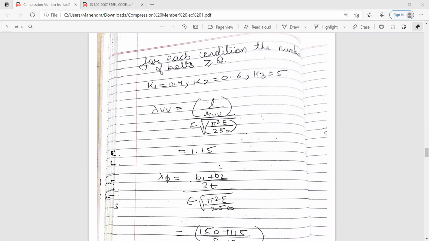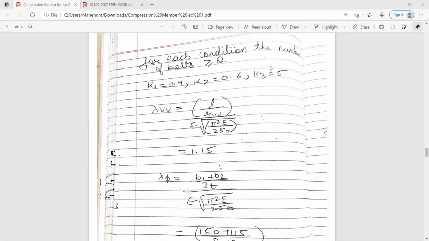Okay, so whatever answer you are getting, just use that answer only for further calculations. The whole pi square into E value has to be taken as 2 into 10 raised to power 5. Yes, 2 into 10 raised to power 5. RVV, see in the steel table, what is the value of RVV? पाई स्क्वायर की वैल्यू अलग लेनी है और E की वैल्यू आपको 2 into 10 raised to power 5 लेना है.